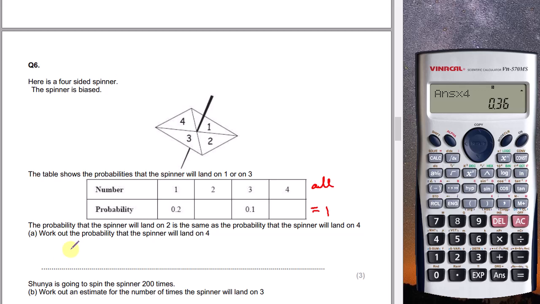So what's left over is the probability of a 2 and the probability of a 4 must equal 1 minus 0.3, which is 0.7. And it says, in this case, it is the same, so each is half.